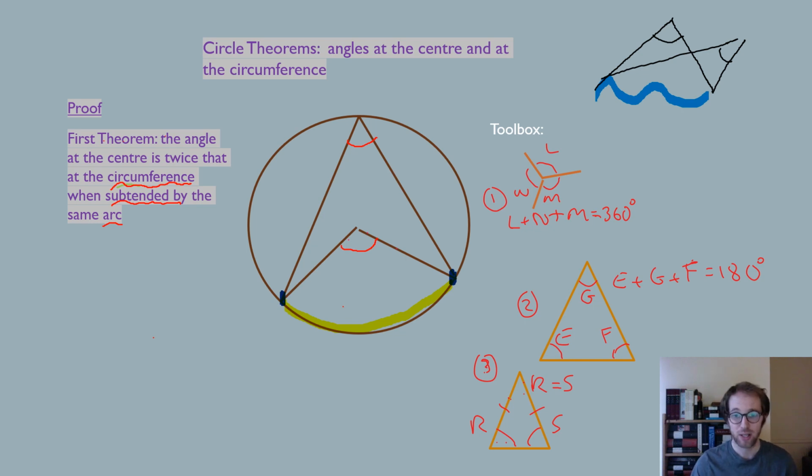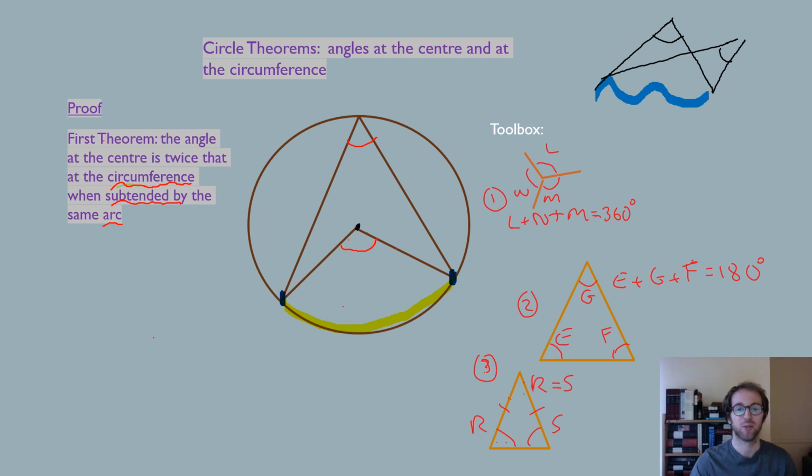Right then, so how do we now go about proving the theorem? Well, we've got this toolbox over here of key mathematical facts from GCSE, which we're going to need to use. Whenever you're doing circle theorems, knowing your triangle facts is going to be incredibly useful, especially if you ever spot that your theorem has a center to it.